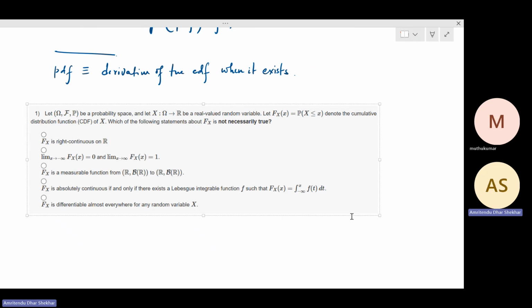Yes, that's right. Third, the CDF is a measurable function. I may need to think about it a little bit. Is it a measurable function?